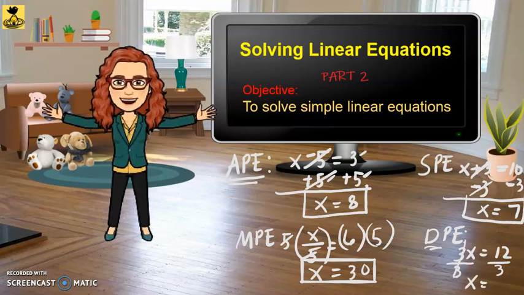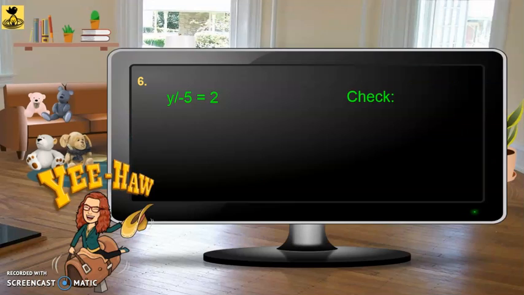And 12 divided by 3 is 4. So we have x is equal to 4. So this is the summary of the different properties of equality, the APE, SPE, MPE, and DPE. Okay, so let's proceed to the next example.